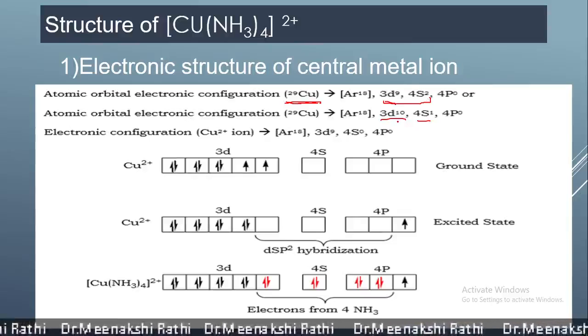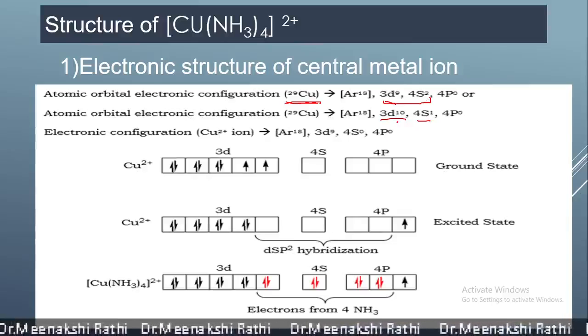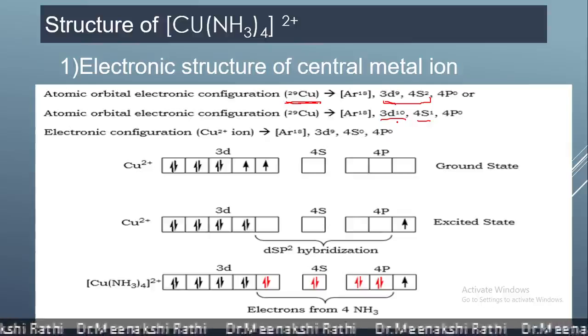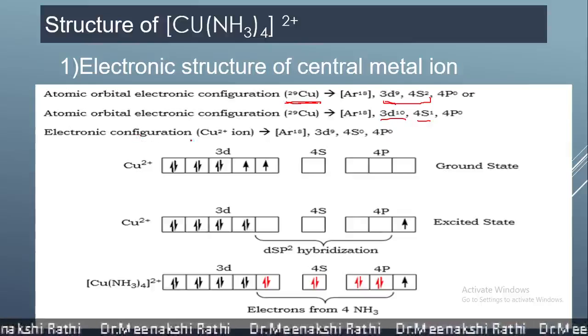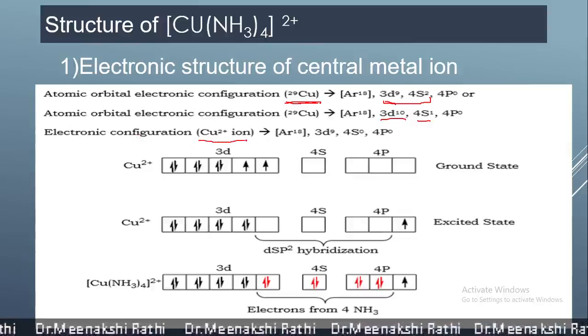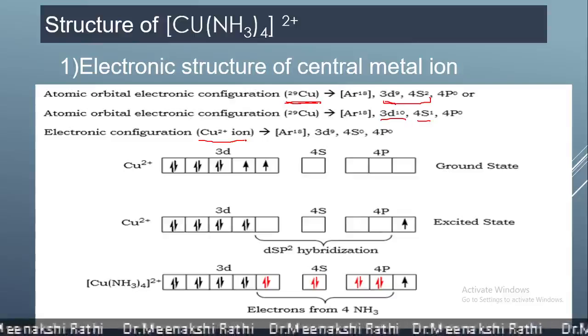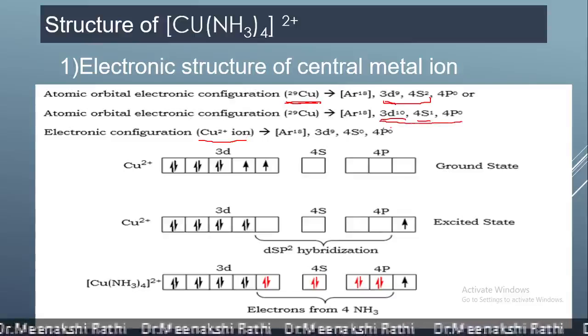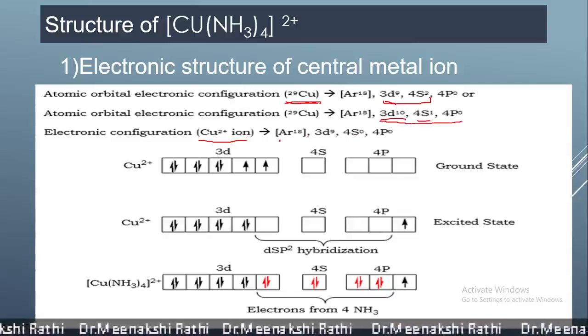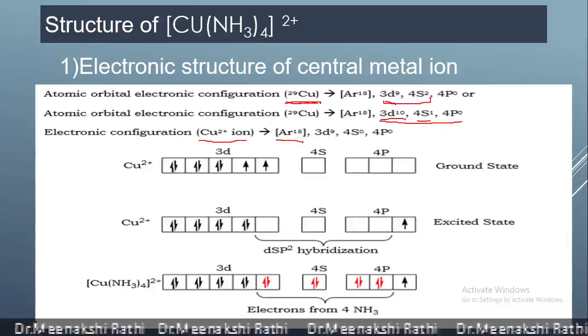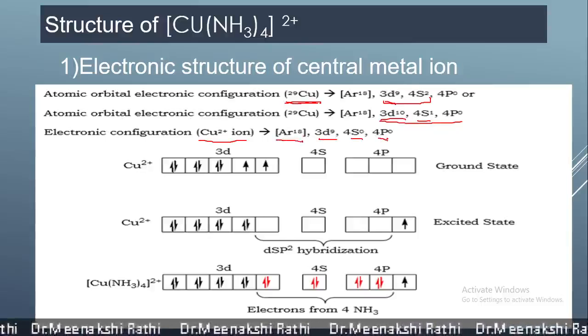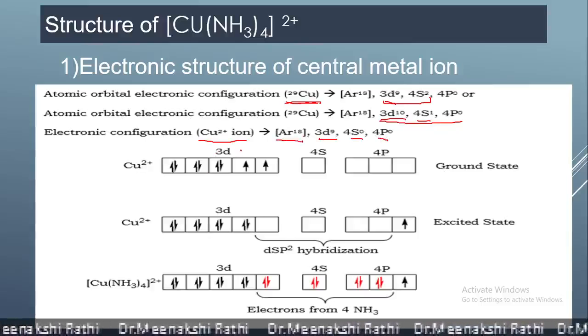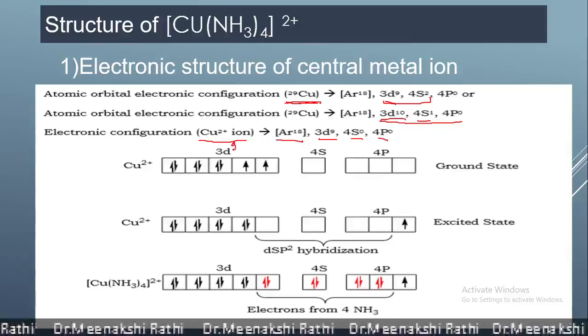If you remember, a completely filled d orbital provides extra stability. So when we want to write the electronic configuration of the Cu2+ ion, we need to remove 2 electrons. When 2 electrons are removed from here, the electronic configuration of Cu2+ becomes argon 18, 3d9, 4s0, 4p0. So in Cu2+, 3d has 9 electrons.